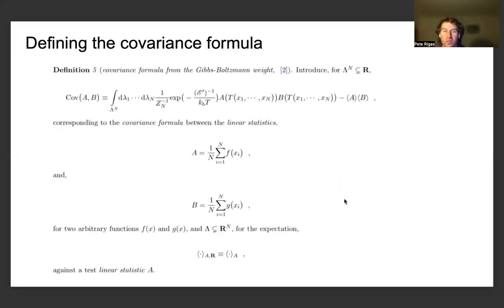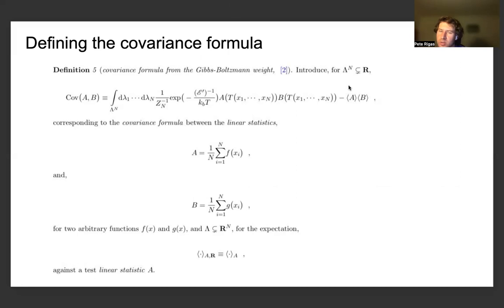And we can define the covariance formula from the Gibbs-Boltzmann weight, and this provides a general form for the covariance formula that we'll be able to write a precise expression for, that will come up at the end of the presentation. And the covariance formula from the Gibbs-Boltzmann weight is the following.